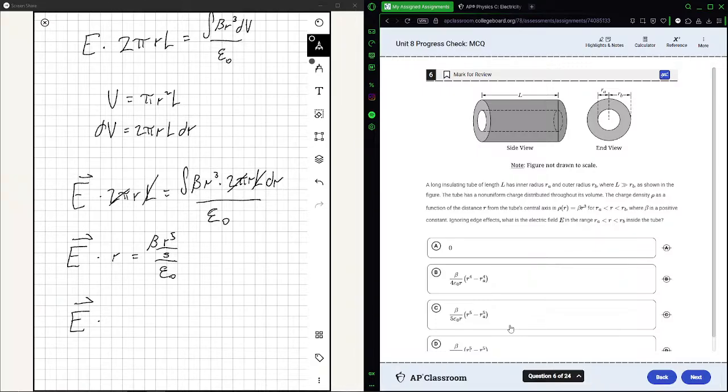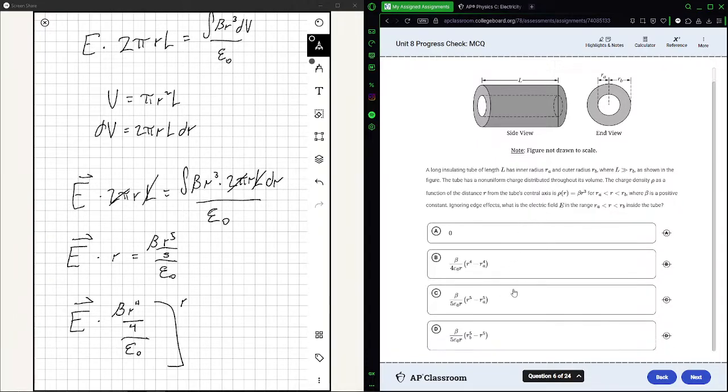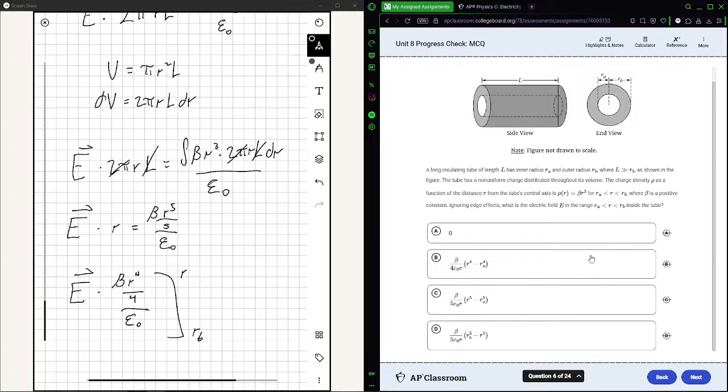This might be wrong, because it's not 0 to R. We didn't evaluate it yet; that was an indefinite integral. So now we go from RB to... oh no, it's just R to RB. Wait, oh no, it's RA.